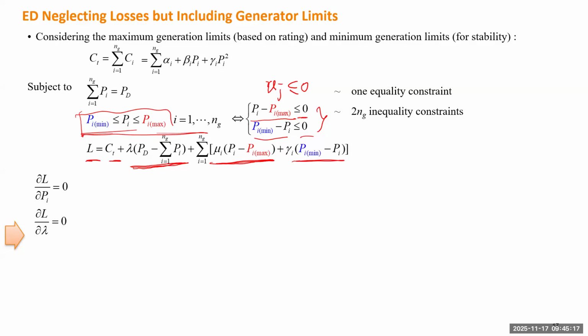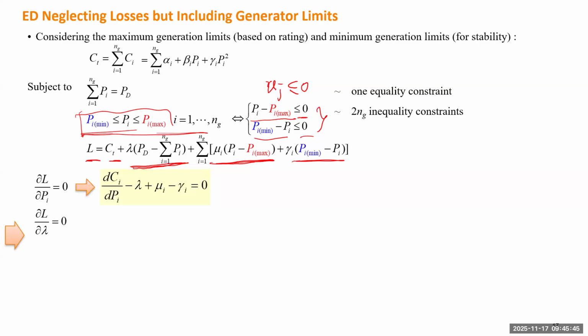Which means the L function in the higher dimensional space, at least in the dimensions about P and lambda, needs to look like stationary points. But for the other dimensions, about mu and gamma, we don't know. We need to utilize the KKT conditions to decide what they look like.